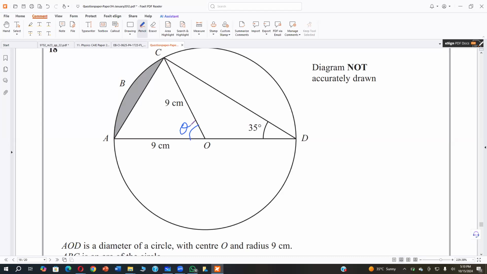If we follow that plan, the angle here at C is 90. So let me make this angle 90, so this angle will be 55.